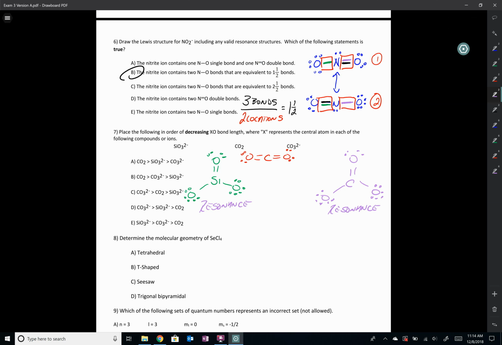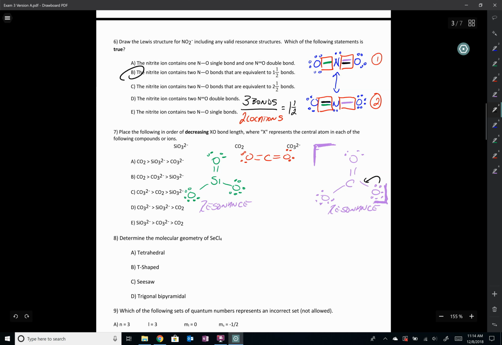Well, how do you know? Take a look in the notes. We walked through this example directly in class. So remember we talked about how we can push electrons around.